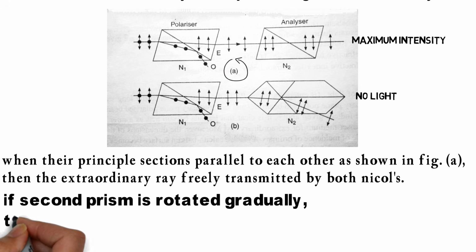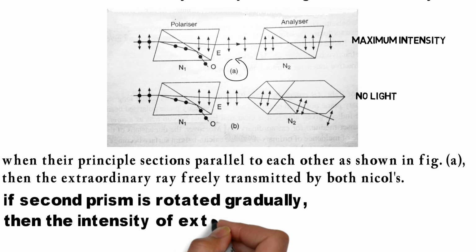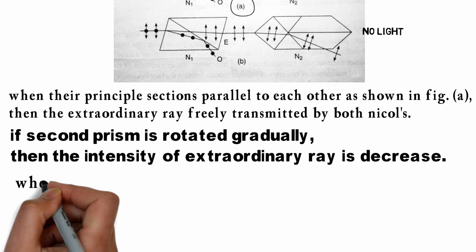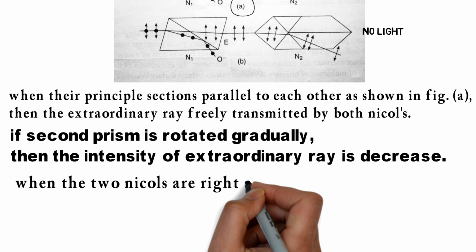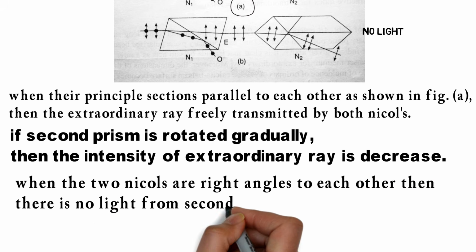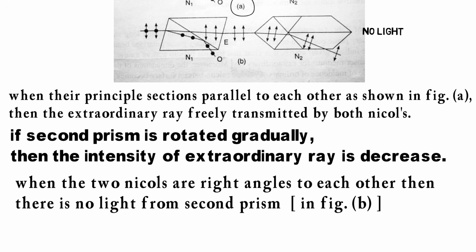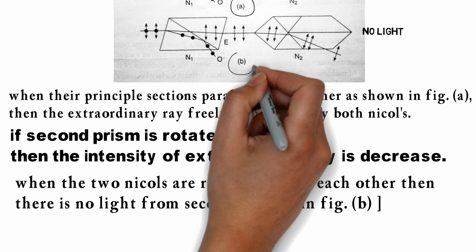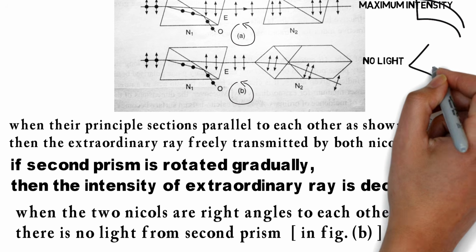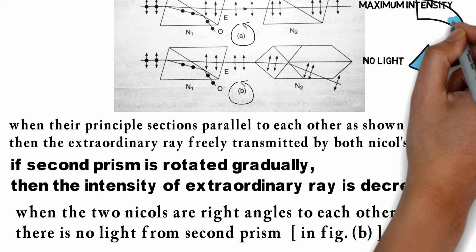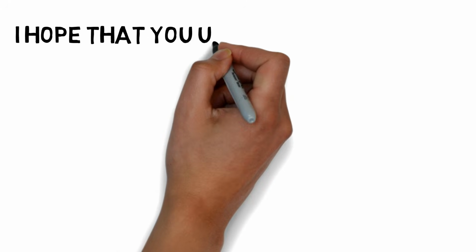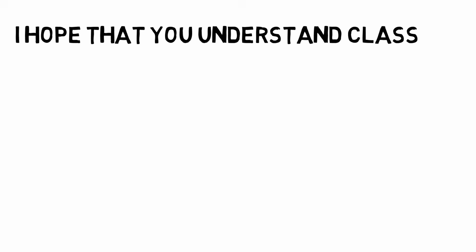If the second prism is rotated gradually, then the intensity of the extraordinary ray decreases. When the two Nicols are at right angles to each other, there is no light from the second prism. In figure B we have no light from the two Nicols. Here is the intensity of light.